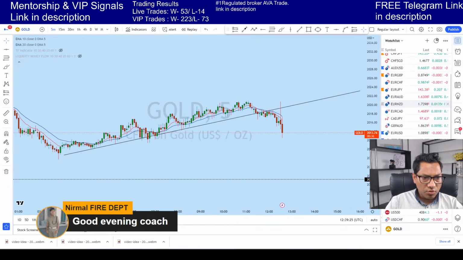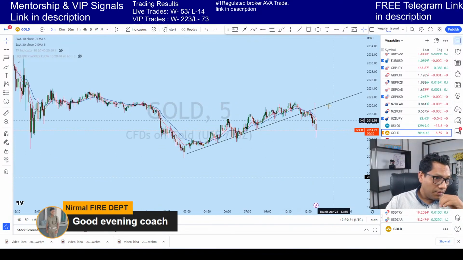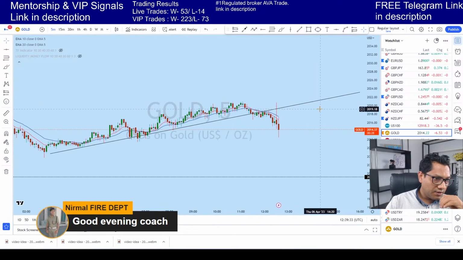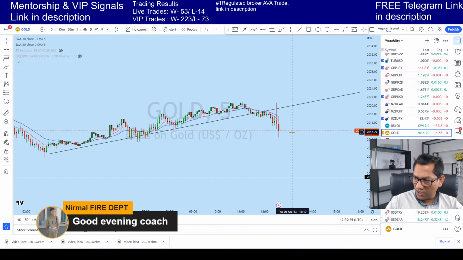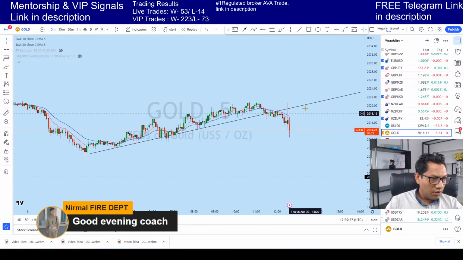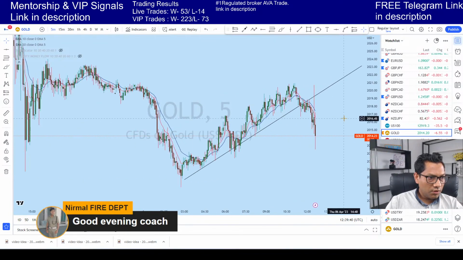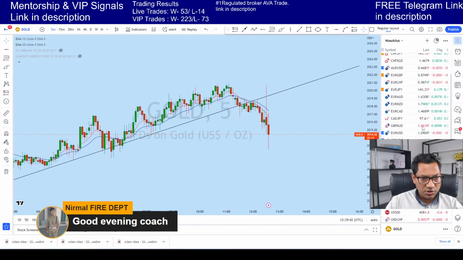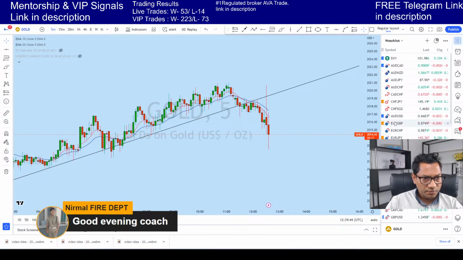Okay, so let's look at all the pairs one by one. What I see is that gold had the biggest spike to the upside. Let's see if it is a false breakout or what it is trying to do, because the trend is up. So this is the only concern here.